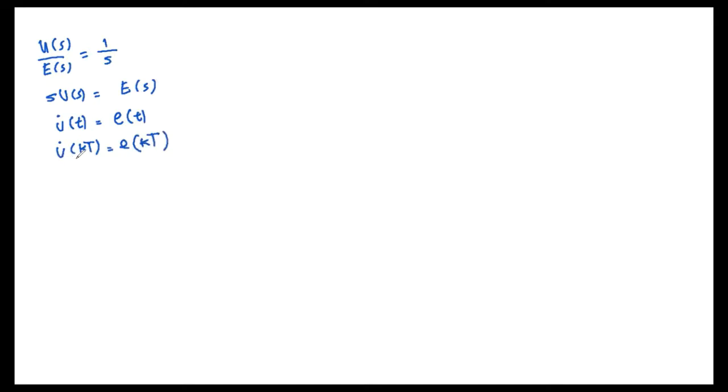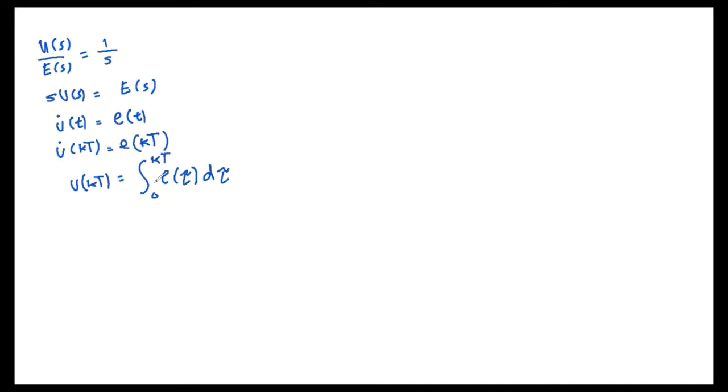Now to solve for u, what I need to do is integrate both sides. So if we integrate both sides, I will get u of kT equal to the integral of e of tau d tau, where tau is from 0 to kT.